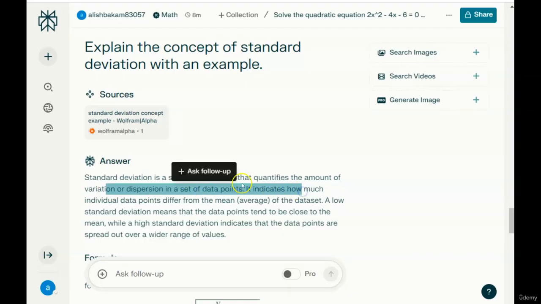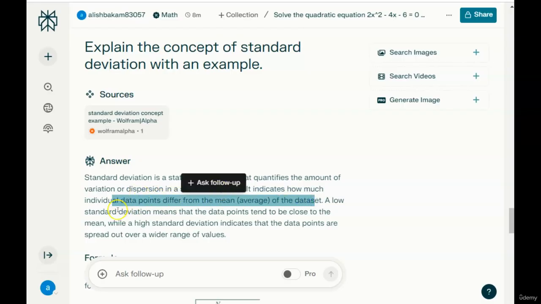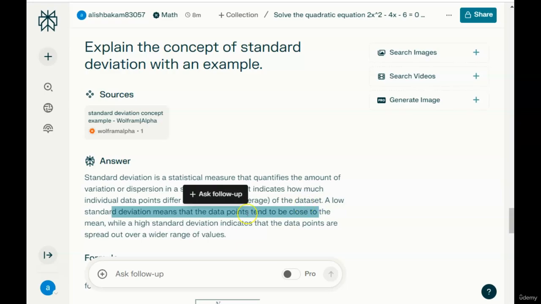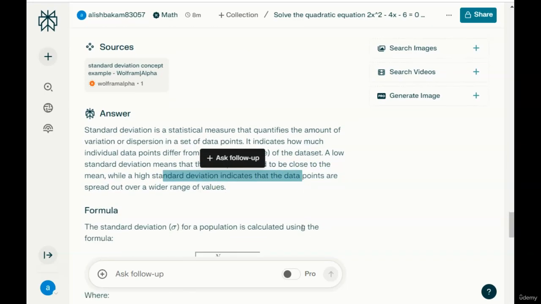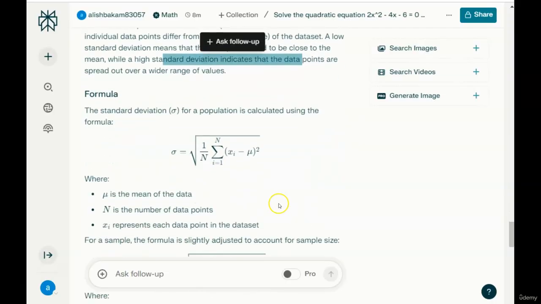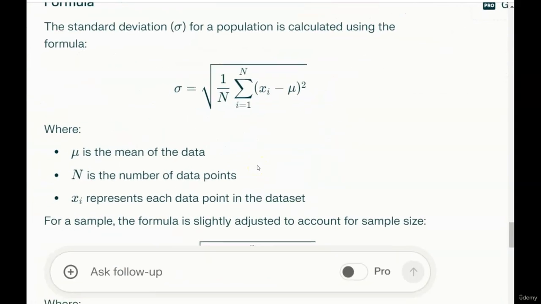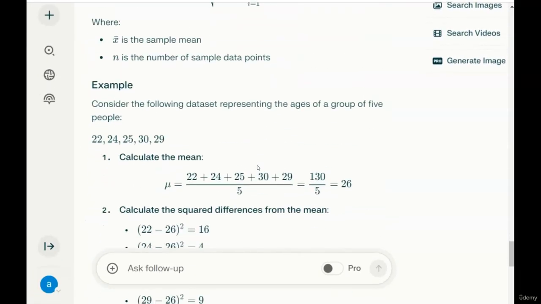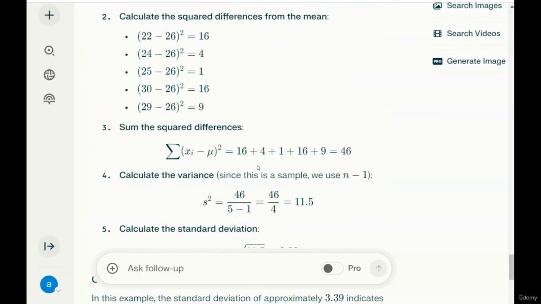It indicates how much individual data points differ from the mean of the dataset. A low SD means that the data points tend to be close to the mean, while a high SD indicates that these data points are spread over a wider range. This is the formula, and then it provides an example.